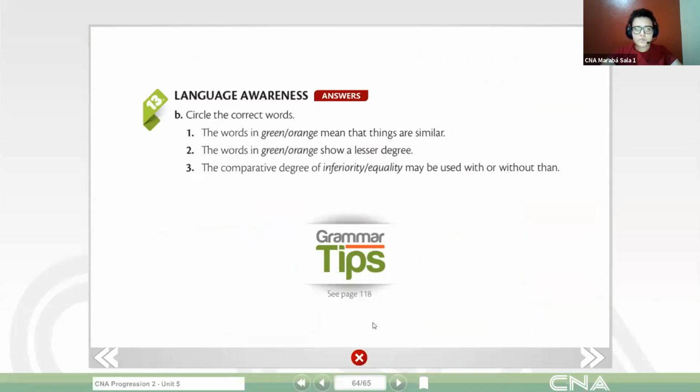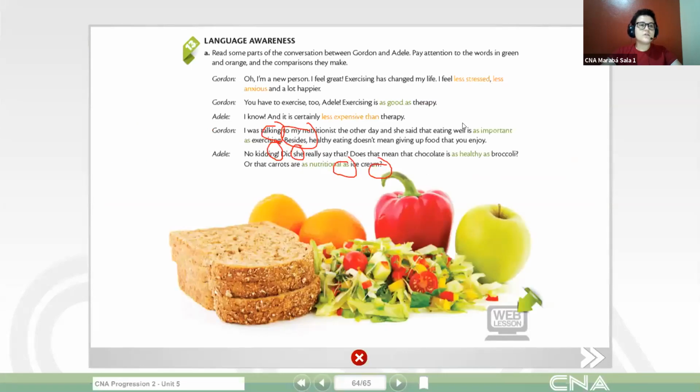So you're going to analyze those sentences and answer these 3 questions here. Circle the correct alternative in each of the sentences. Go ahead, please. Let me know when you finish.